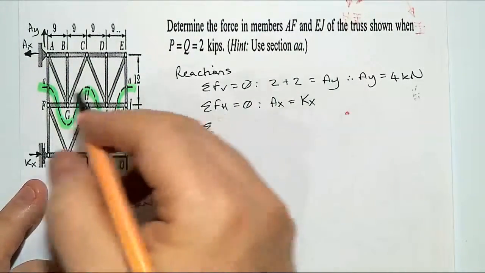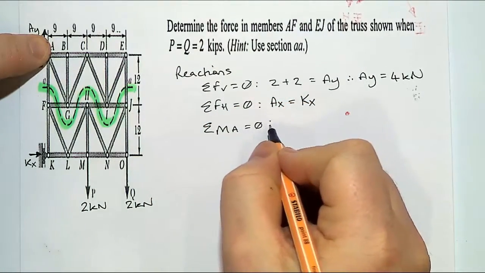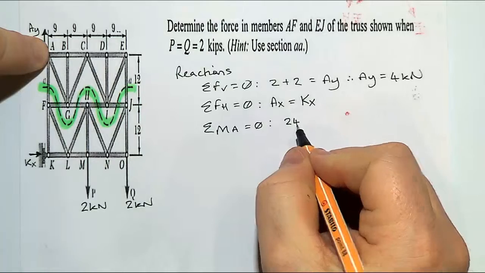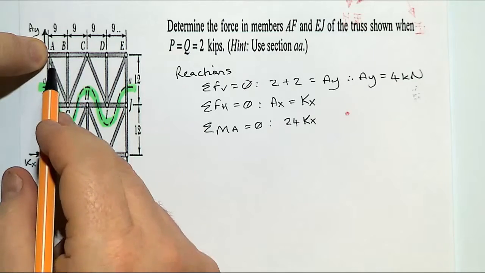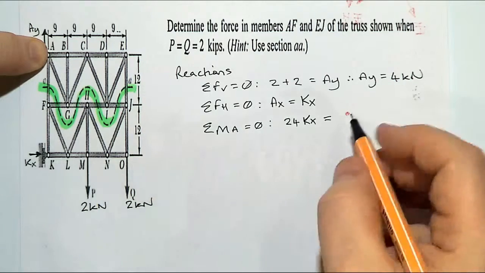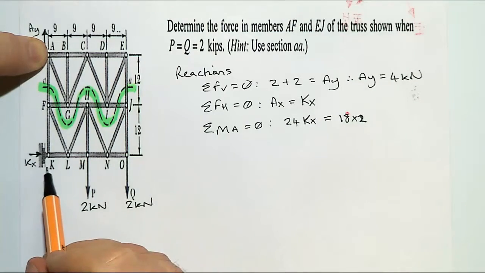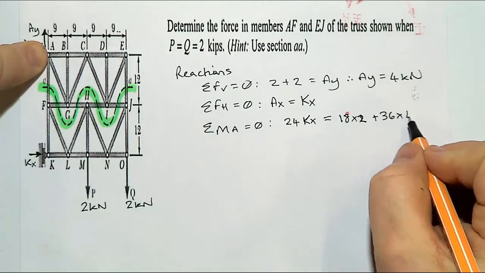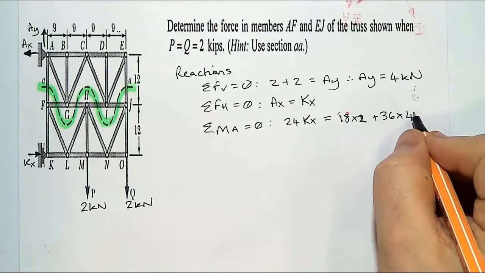So if we take moments around A, we've got 24 times by KX equals 18 times by 2 plus 36 times by 4. 36 times by 2.